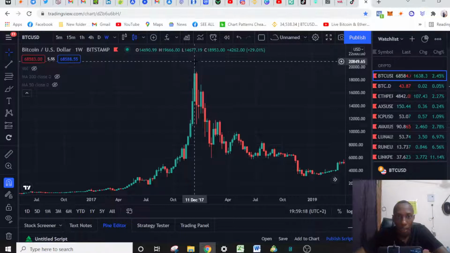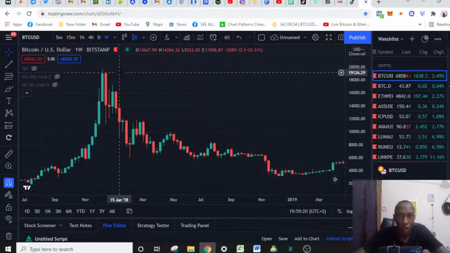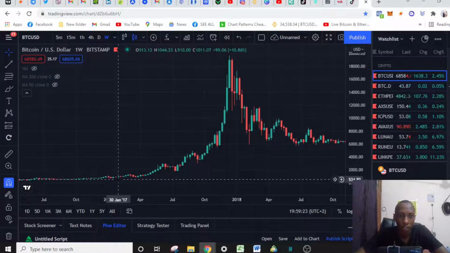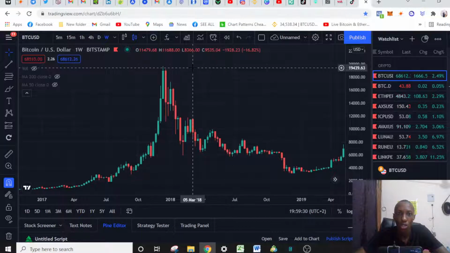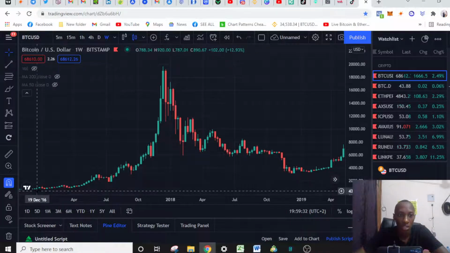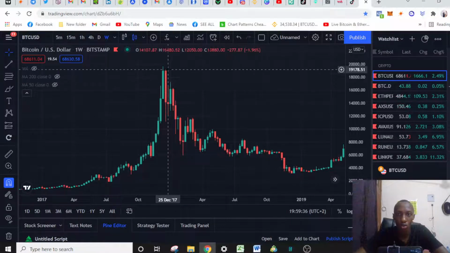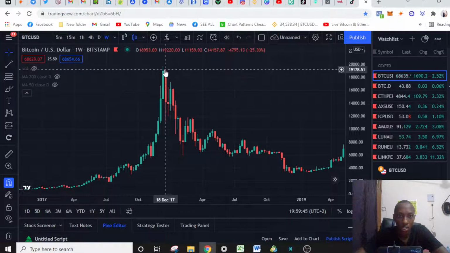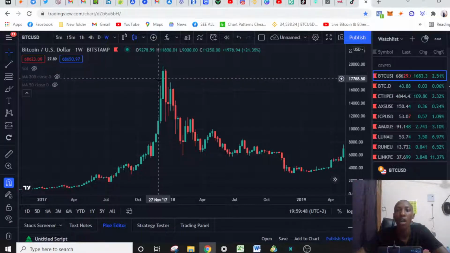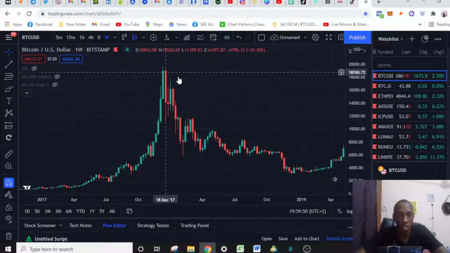You can see the market, immediately after going to the top, went from $500 Bitcoin to 10,000 to 20,000, from January 2017 to December 2017.